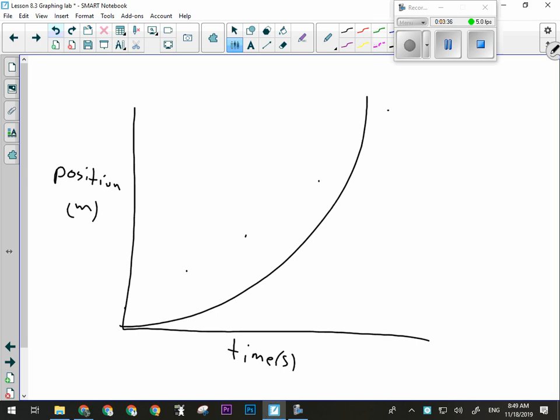And so this is showing that, let's say in this time interval, from here to here, the object only went this far. But in that next equal time interval, it went a lot further. And if I do that again over here, see how much bigger those vertical parts are getting? Because it's going farther every second. It's going faster every second. But we're going to be dealing with an object traveling at a constant speed, so the relationship will be linear.